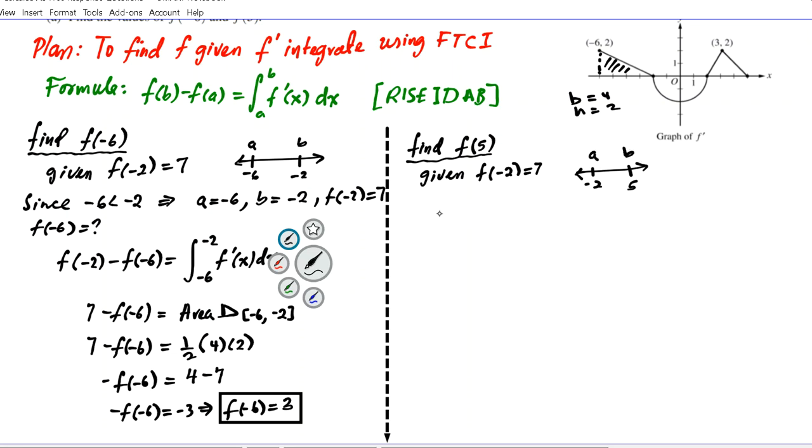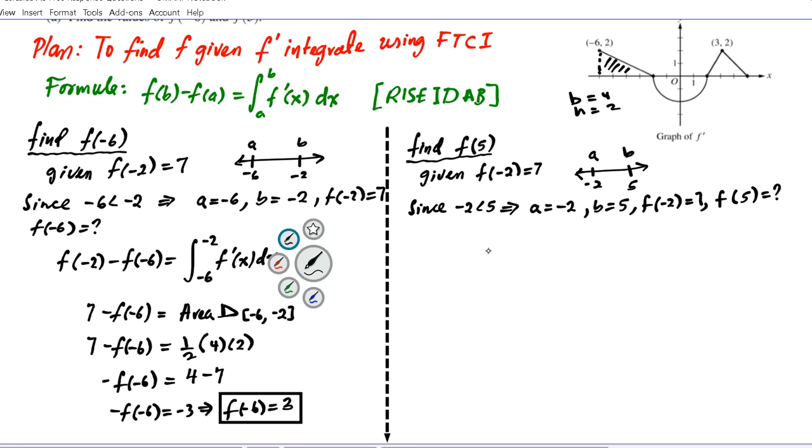Alrighty, so let's just write it again for emphasis. Since negative 2 is less than 5, our a value is the smaller of the two independent variables, negative 2. a is negative 2, and b is 5. And we know that f of negative 2 is 7, which is given. And f of 5 is the mystery. That's what we're looking for.